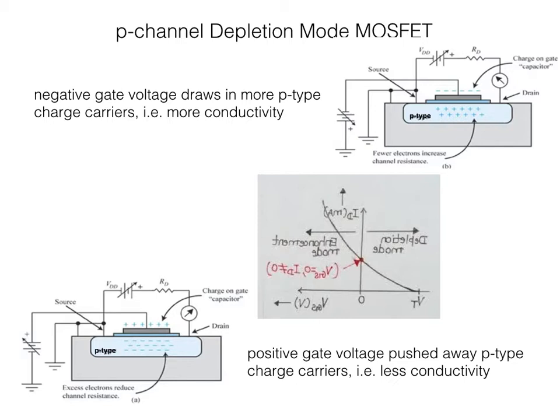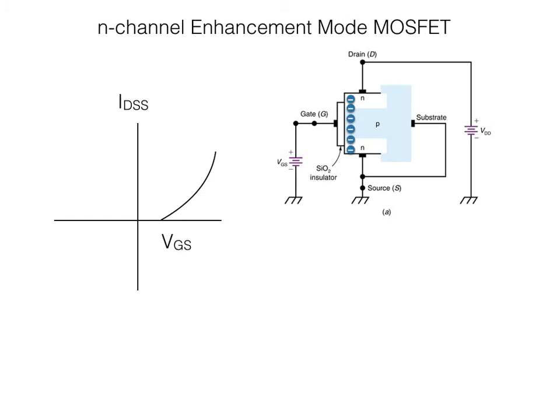Now, those are depletion mode MOSFETs where the channel is continuous. In an enhancement mode MOSFET, the channel is actually cut in half. So our N channel is cut into two by the P channel. And what happens essentially is at zero gate voltage, no current can flow because you've got to get the charges from the N channel across that P channel. But if you apply a positive voltage to the gate, if that voltage gets large enough, then essentially you're going to pull in enough negative charge carriers and push away enough positive charge carriers in the region of the gate to create a channel through which to flow the current.